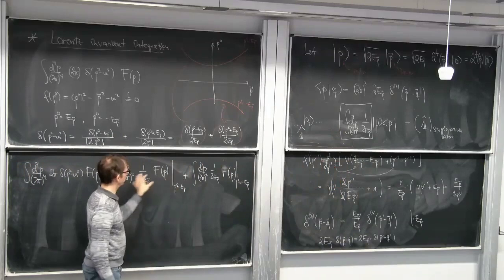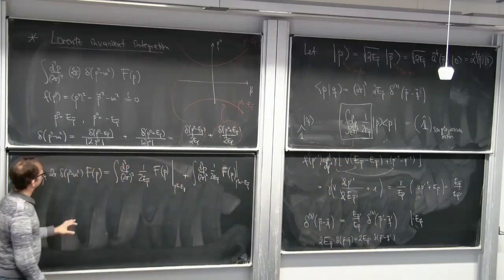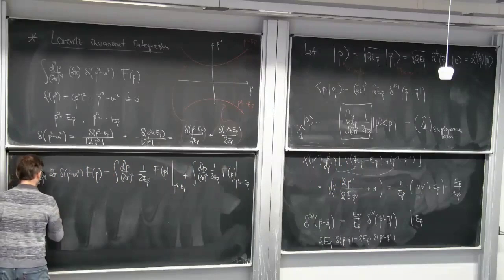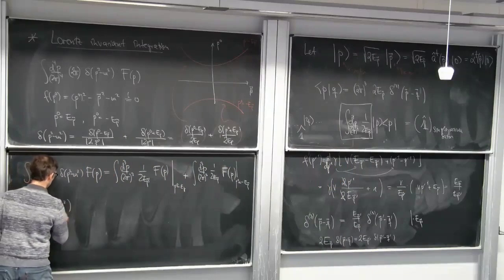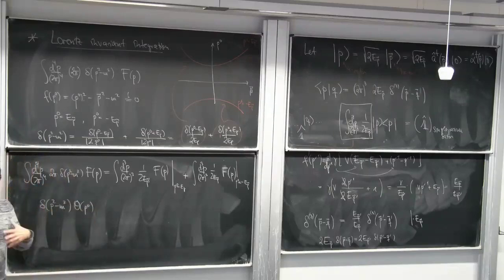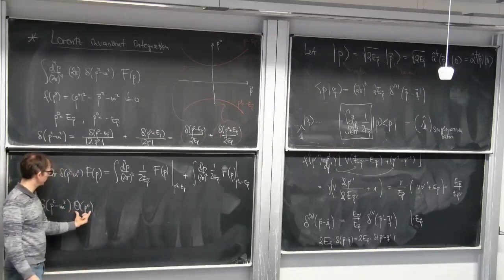If you don't want both combinations, we can also single it out. We can also write it like this: delta of p squared minus m squared times the theta function of p0. Theta function means if the argument is positive, then it's 1. Otherwise, it's 0. So this sets p0 to be a positive number.